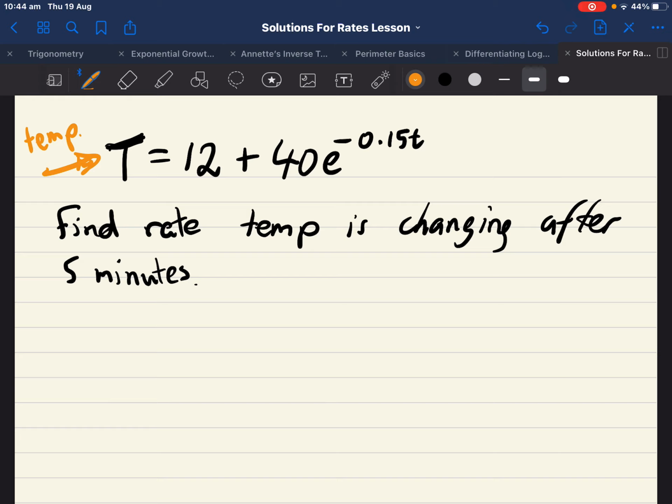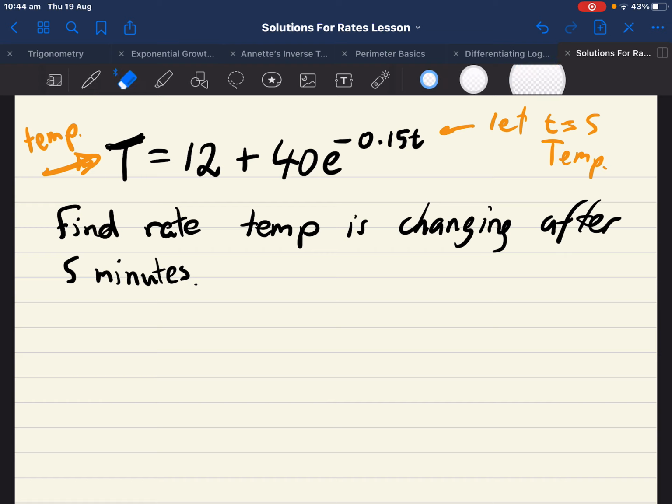If you wanted to know the temperature after 5 minutes, you just let the little t equal 5, and this formula would give you the temperature. But what we're trying to find is the rate at which the temperature is changing. How fast is it heating up, or in this case, cooling down?